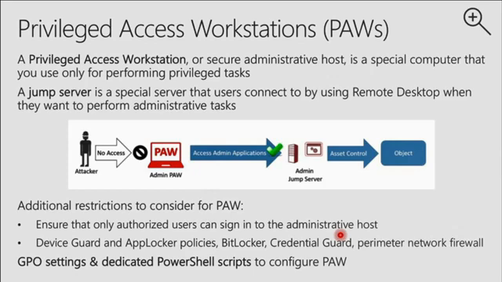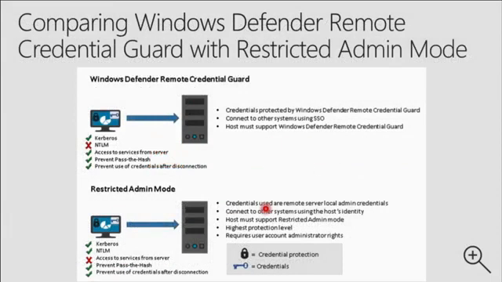You are using group policy in order to create some restrictions. Device Guard, AppLocker policy, BitLocker, and Credential Guard may be used in order to implement this privileged access workstation. We have some dedicated group policy settings and PowerShell scripts for this. Please be familiar with this option.